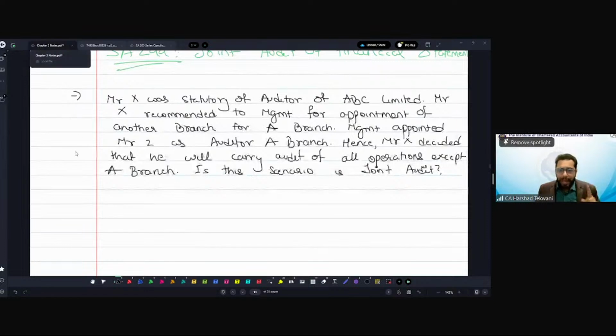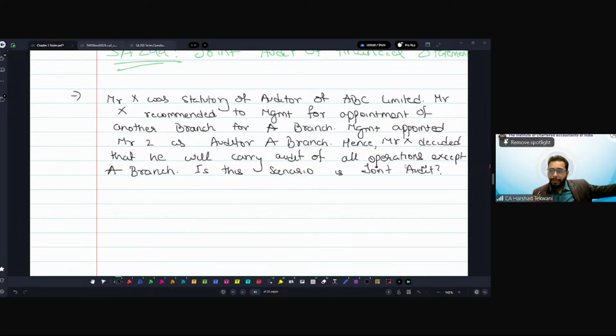So A branch is part of ABC Limited only, which is being audited by Mr. Z. Mr. Z will do the audit of A branch, whatever operations, financials, expenses and everything is there. The rest will be performed by Mr. X. Now, is this the joint audit? No, sir. Why? Because they have bifurcated the audit of a particular company.